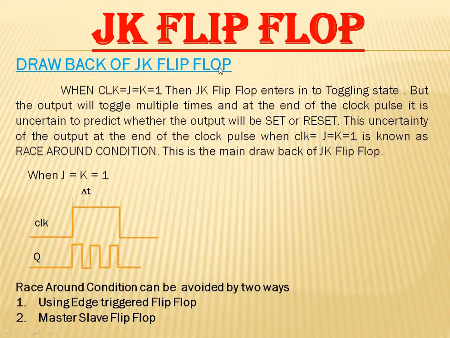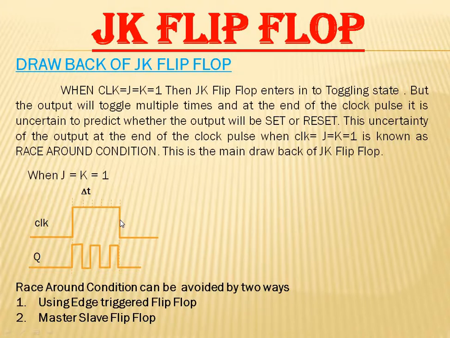The drawback of the JK flip-flop is the race around condition. The uncertainty of the output at the end of the clock pulse is known as race around condition. That means the flip-flop response is faster than the clock pulse.